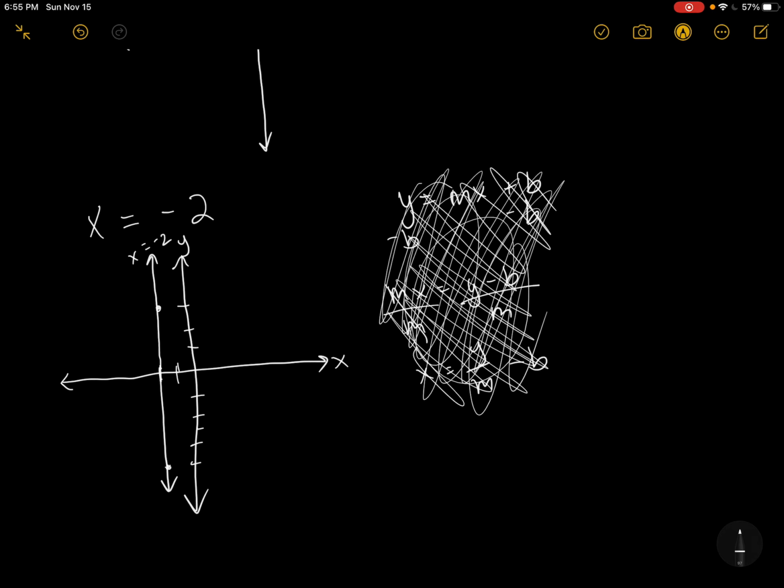So you get a vertical line, and if you remember rise over run, right? So rise over run, it would be like we go up 1 to the right 0, right? Up 1 over 0. Remember, we can't divide by 0. So therefore, the slope is undefined.